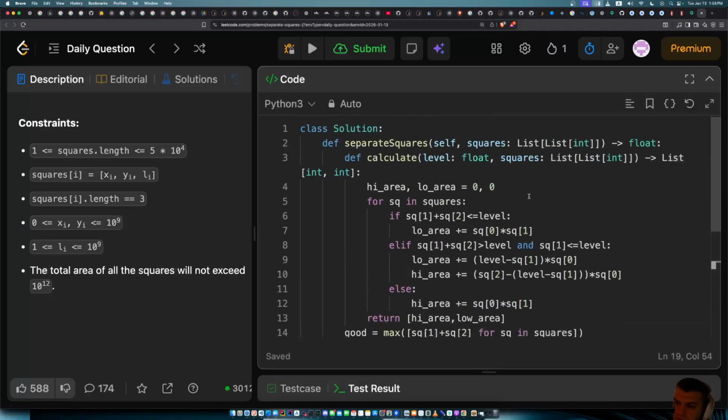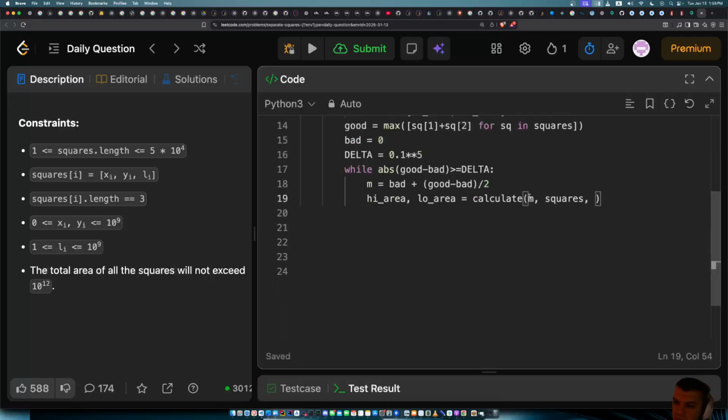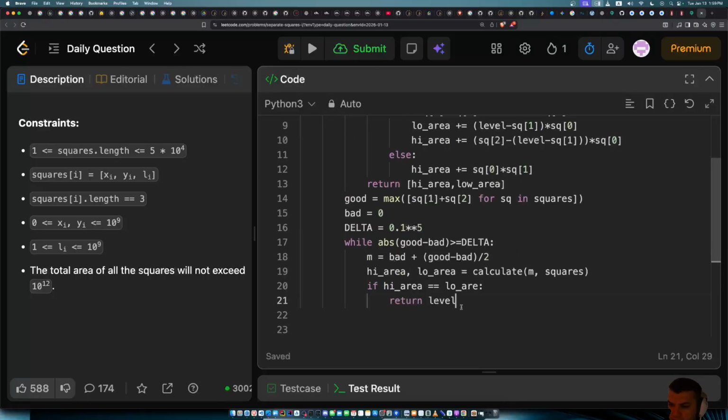Then I need to take a decision if I should go up or down. If the high area is equal to low area, I'm gonna just escape and return level, like return m.